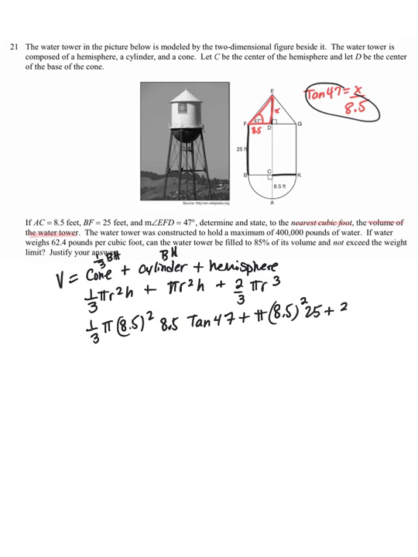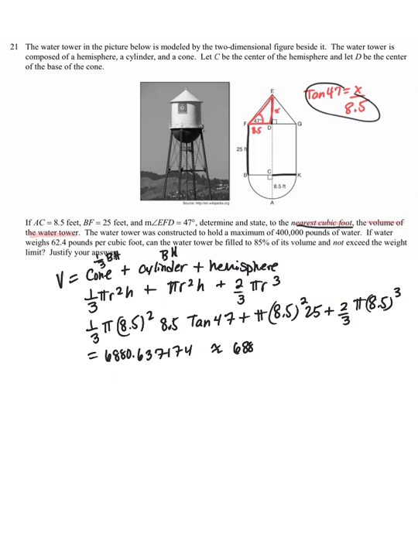And then we have the hemisphere, 2/3 pi r cubed. So I want to get this to the nearest cubic foot. Okay, so I'm going to pause the video and type this in. Make sure you're in degree mode, okay? You should do the same. Type it in, make sure you get the same answer. All right, so the answer on my calculator, I'm just going to write it out first. 6880.637174.